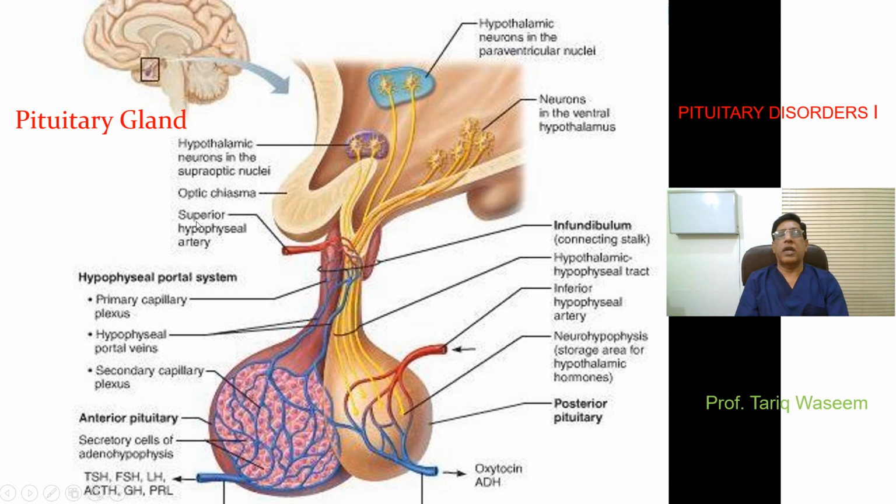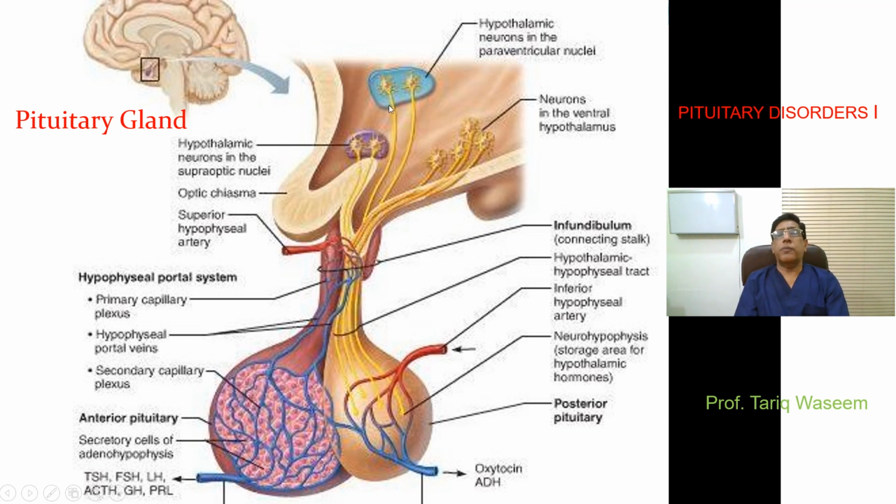So there is a superior hypophyseal artery which takes the stimulatory or inhibitory hormone from the hypothalamus to the pituitary. The pituitary secretes its secretions and then pours them through portal circulation into the bloodstream.